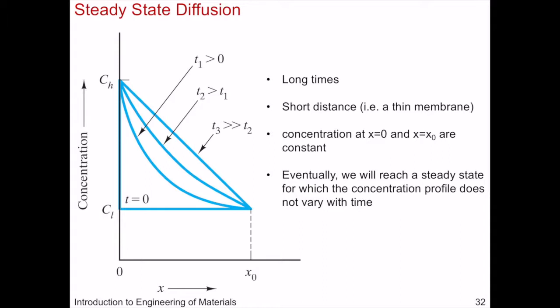So here it's listed as some thin membrane of a material, such as just a sheet of metal or a pair of gloves, let's say. And when we talk about that distance, we're talking about what happens when we set the distance at x equals 0 to some finite distance x naught. And the flux is actually constant. So the flow rate is constant in steady state type diffusion.